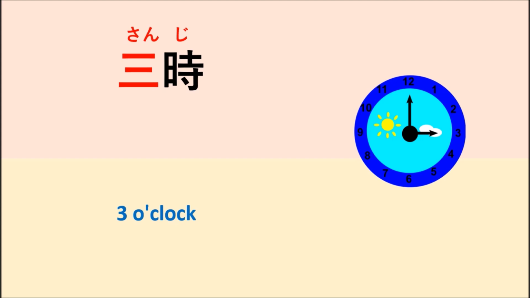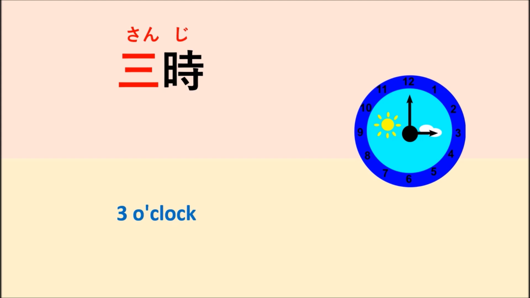3時 means 3 o'clock. 3 means number 3. Ji, the kanji of ji is from the kanji of toki, this kanji is used to express time.